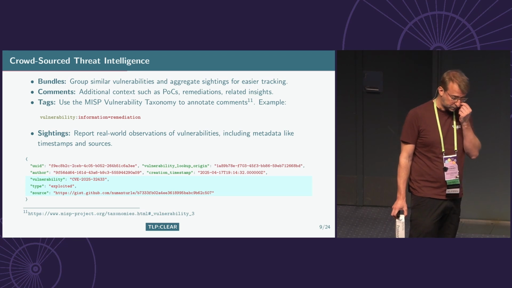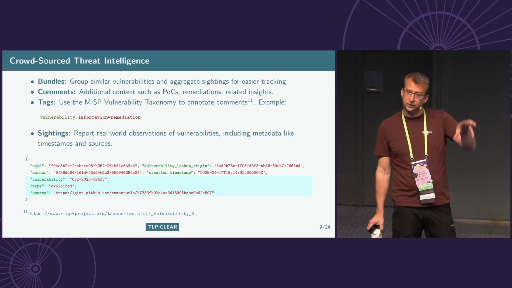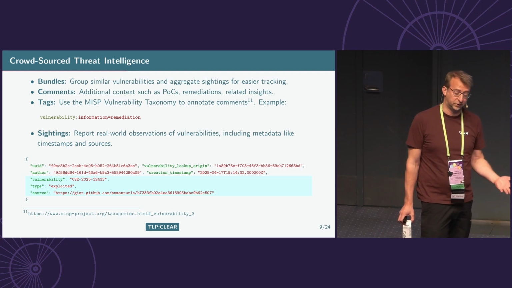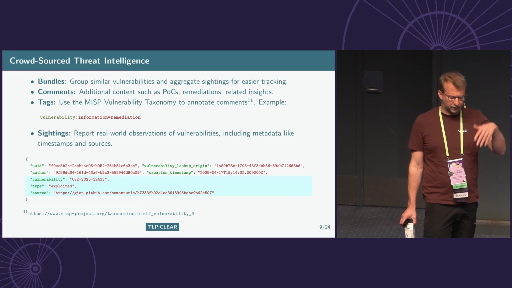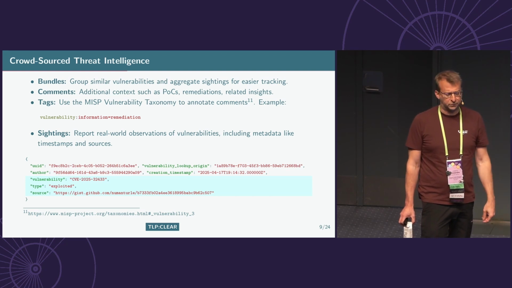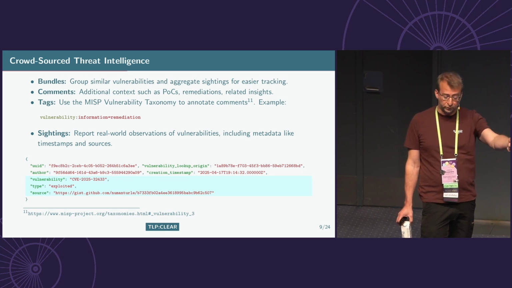One of the features is bundles. You can create a bundle of vulnerabilities, which is very common for a lot of vulnerabilities. You might have Oracle doing a press release with different information about vulnerabilities, and we aggregate those into a bundle. You can create your own bundle.